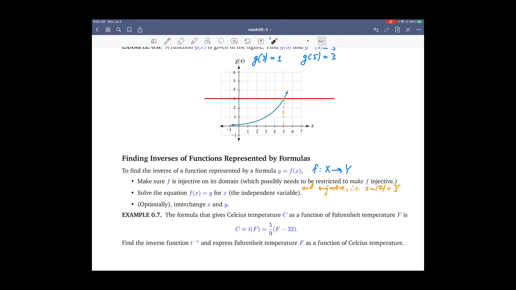Being not surjective is usually a smaller problem than being not injective. If you're not injective, you will need to restrict the domain of your function to make it injective. It's written here.